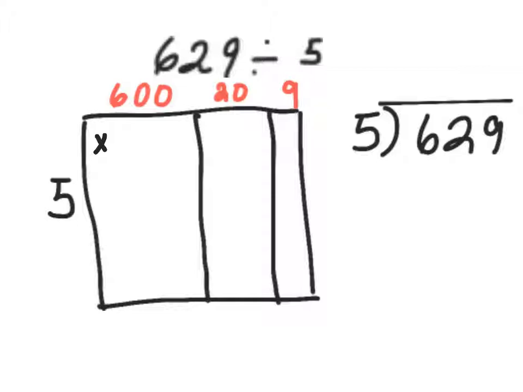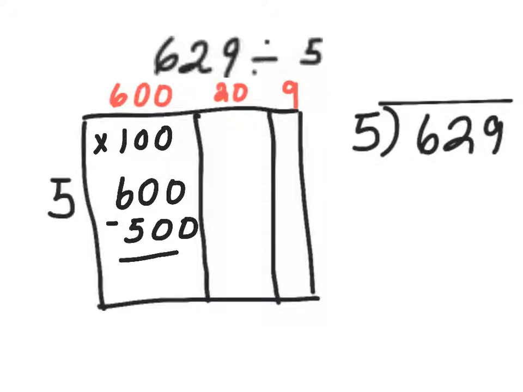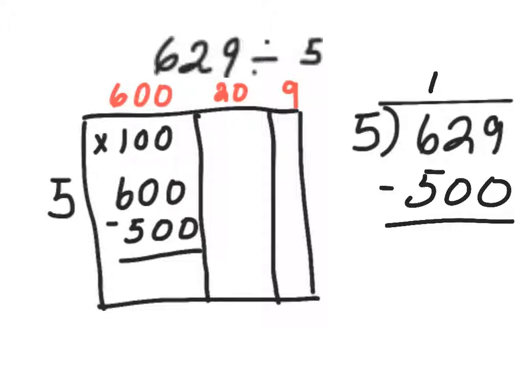But if I look at 100 times 5, I get 500. 600 is my value, and I subtract 500. So 100 is my value, and I subtract it, leaving me with 100 remaining.